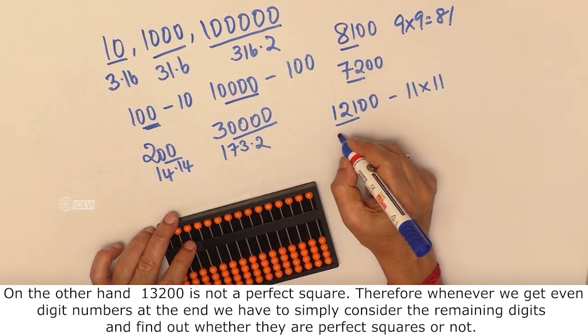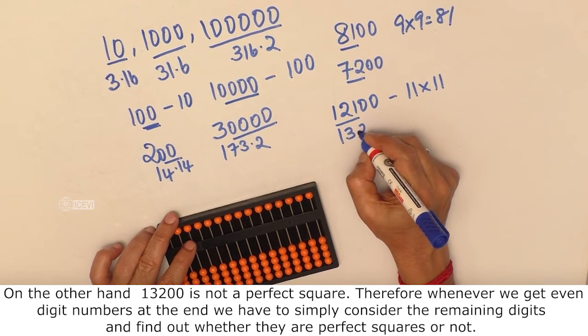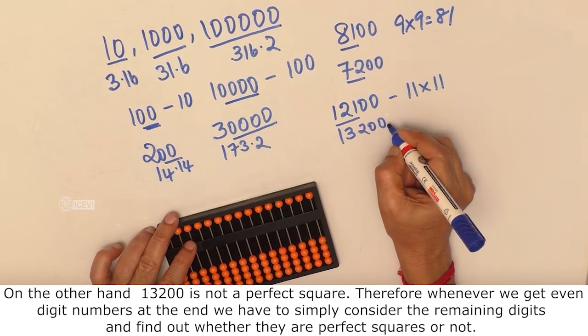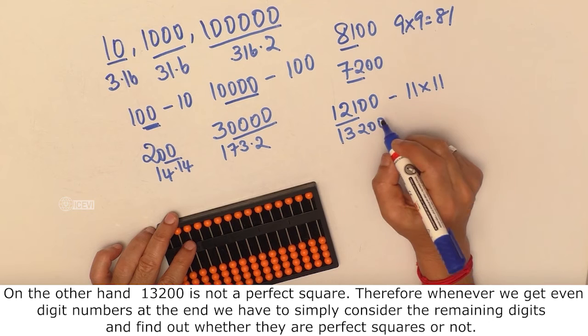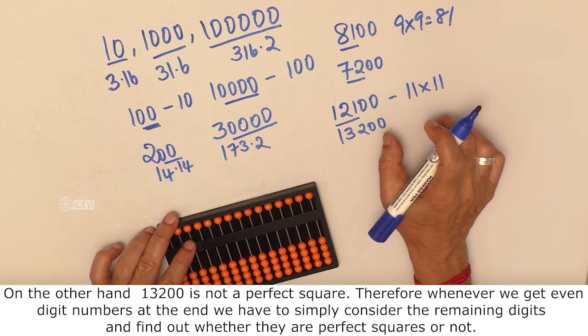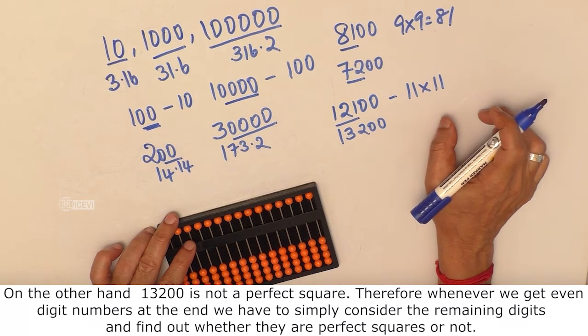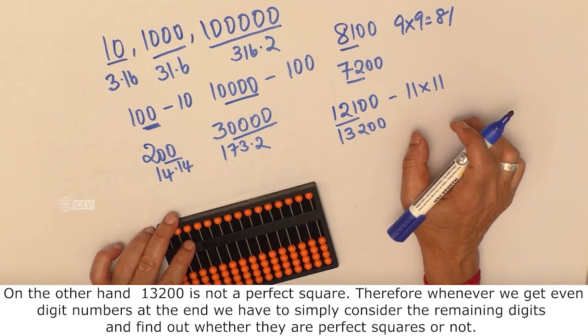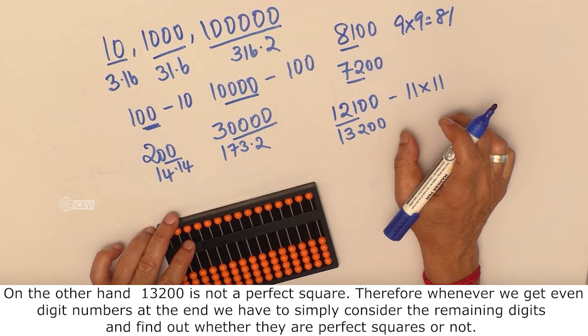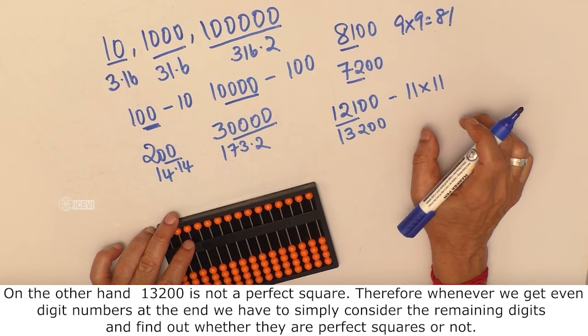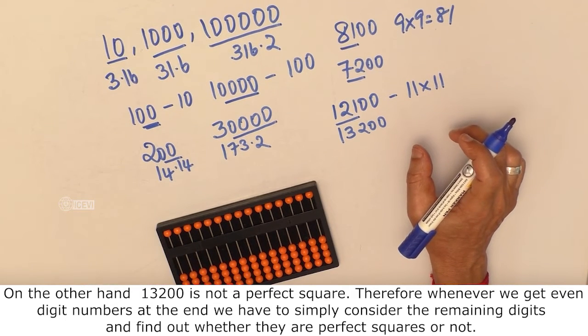On the other hand, 13,200 is not a perfect square. Therefore, whenever we get an even number of zeros at the end, we have to simply consider the remaining digits and find out whether they are perfect squares or not.